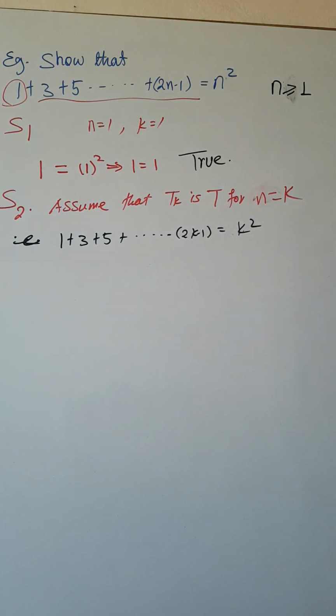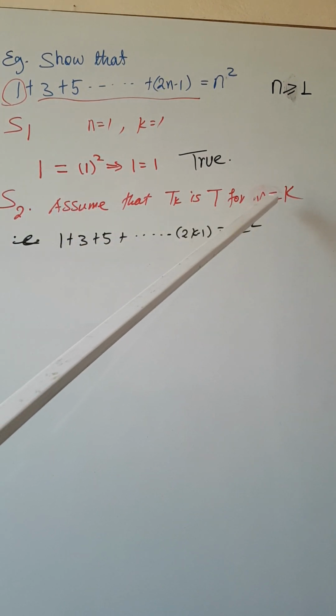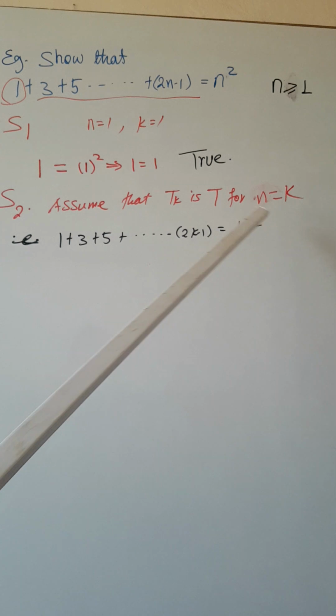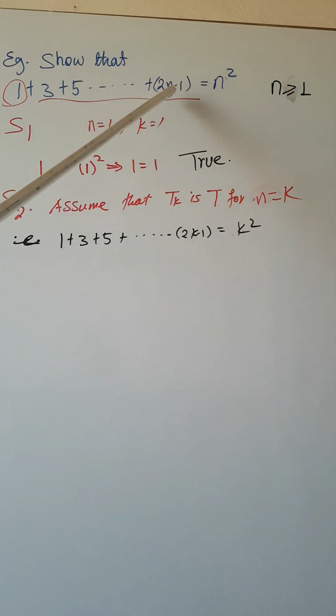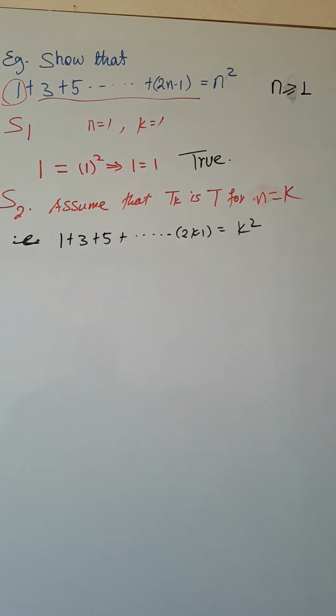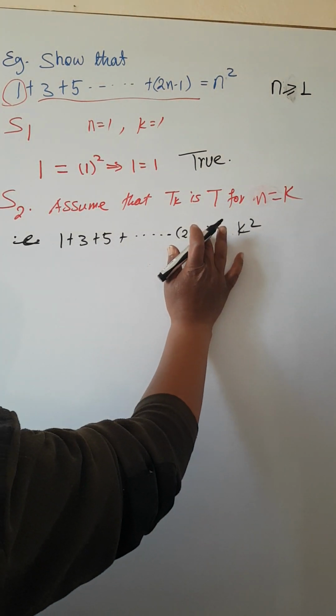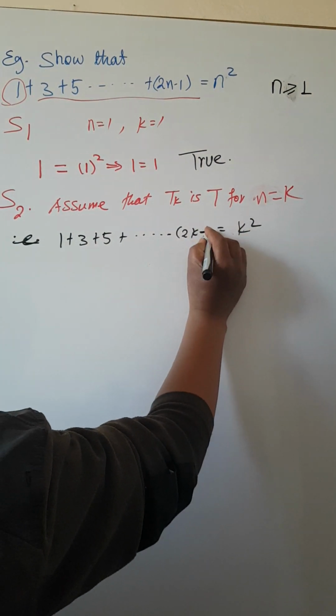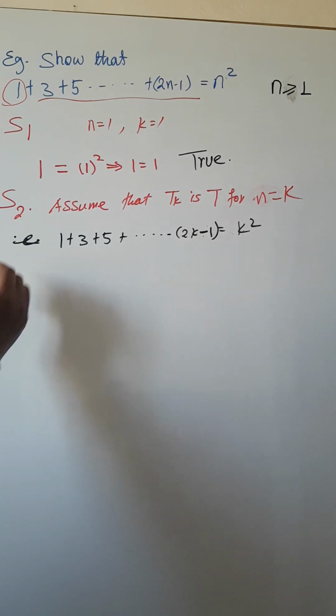This is an assumption. Assume that tk is true for n equal to k. So we are supposed to replace n with k. Then 1 plus 3 plus 5 plus 2k minus 1 is equal to k squared.